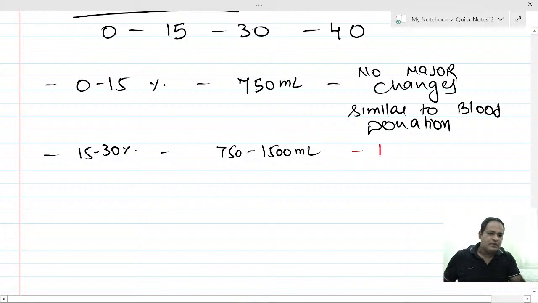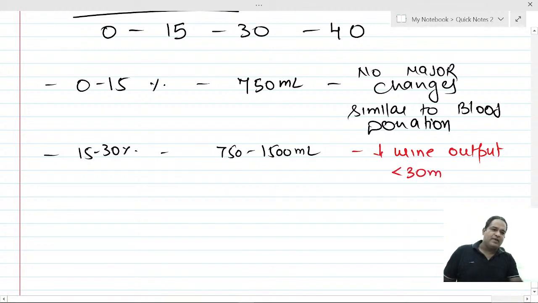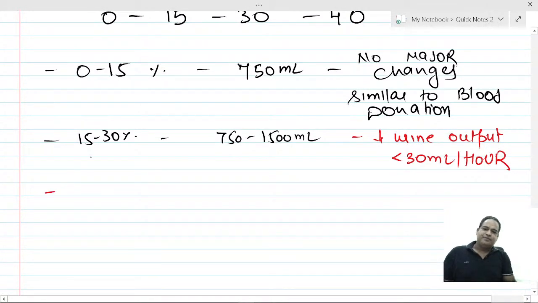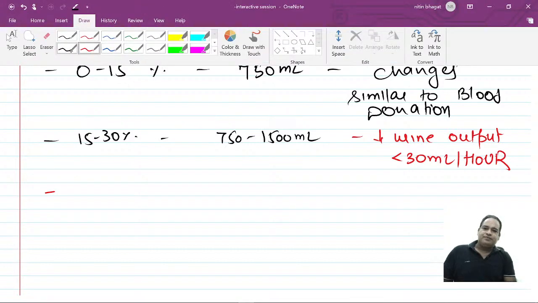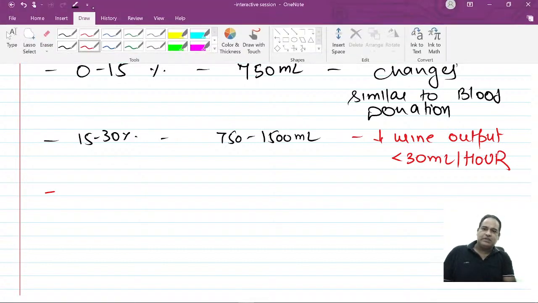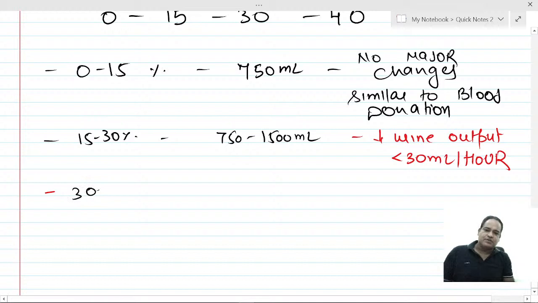So there will be decreased urine output, less than 30 ml per hour. Next is 30 to 40% blood loss, 1500 ml to 2000 ml.